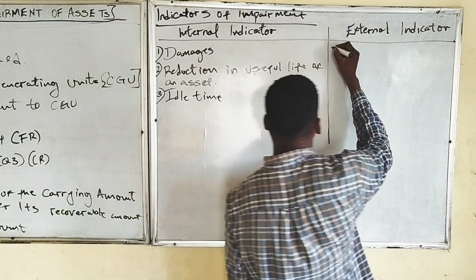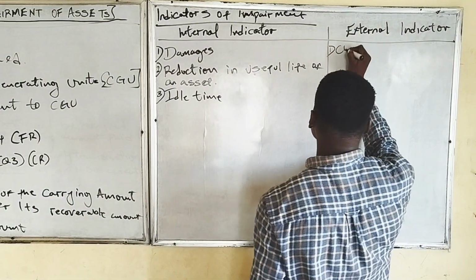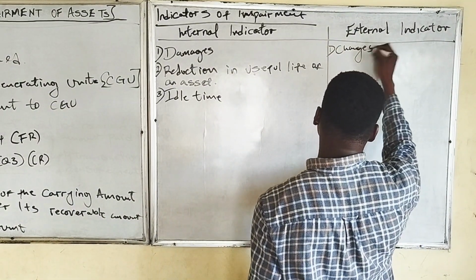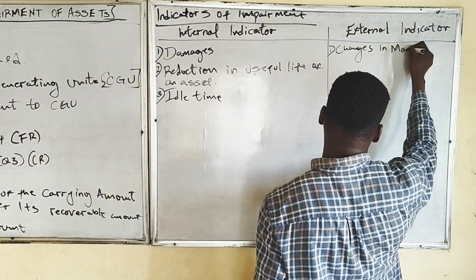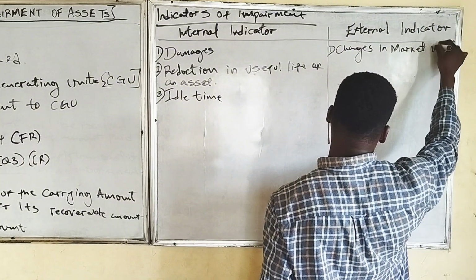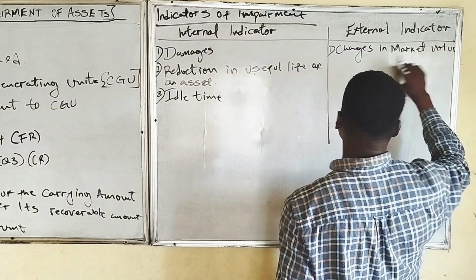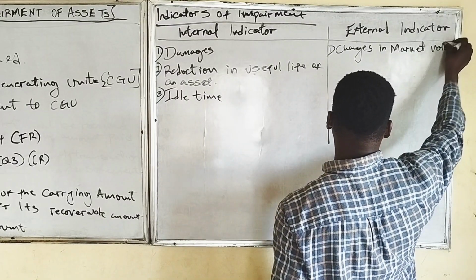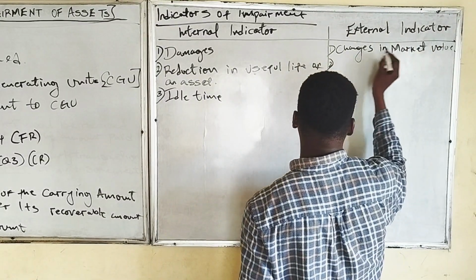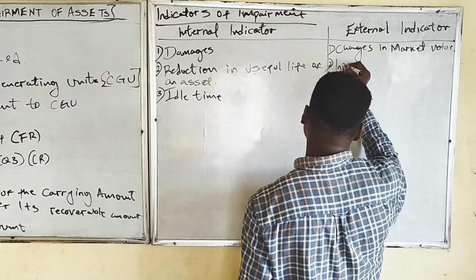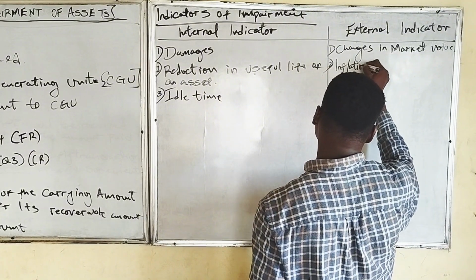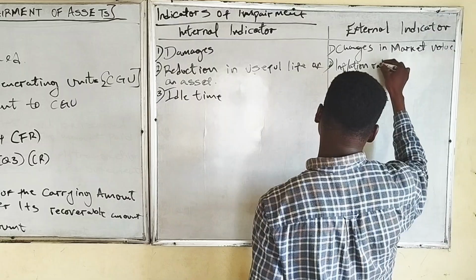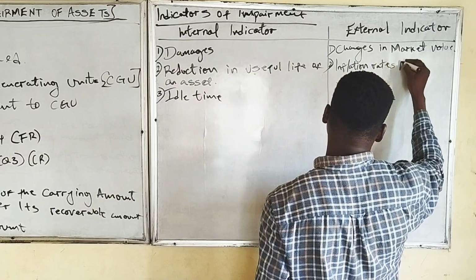So that's that. These are just examples. For external indicators, you can have changes in market value. You can also have inflation rates fluctuation.